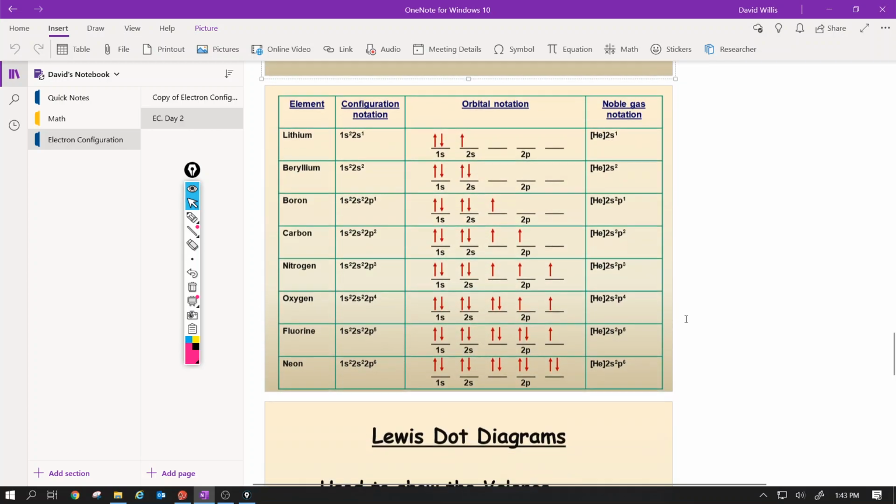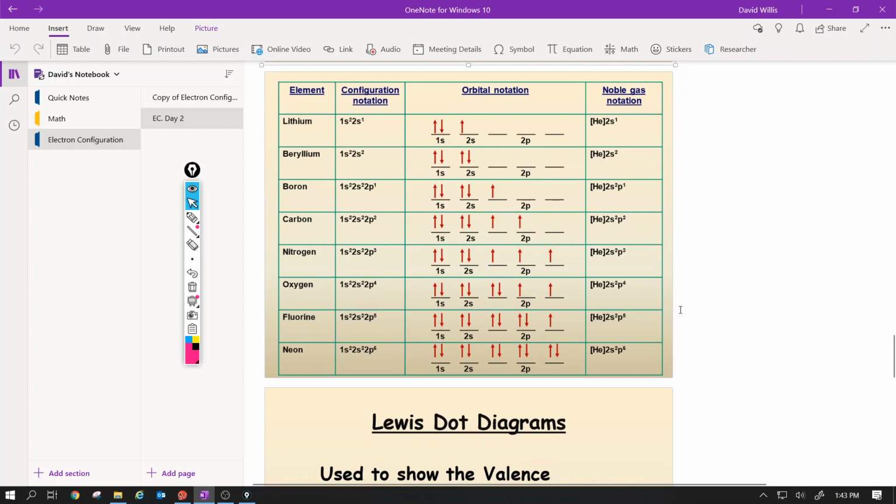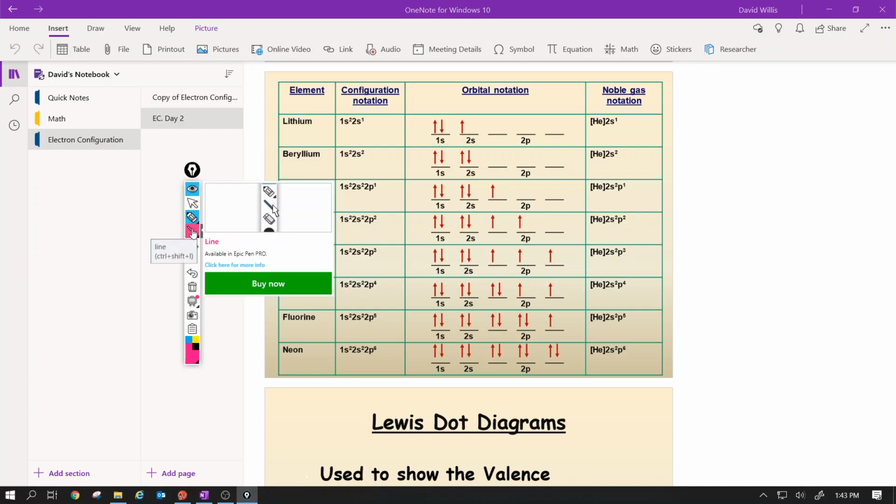All right. Hey, let's take a look at this sample. Lithium. First, our 1s, and so we've got up, down. There we go.